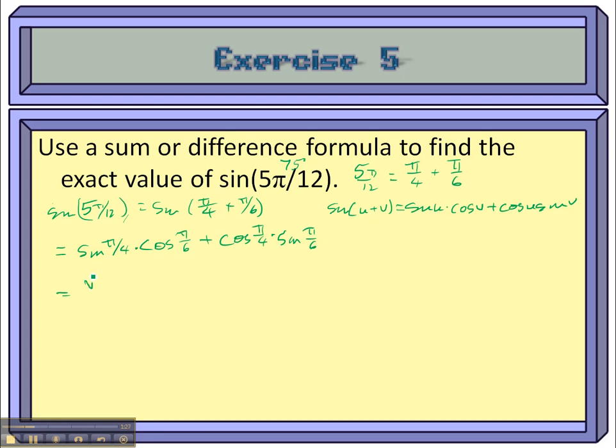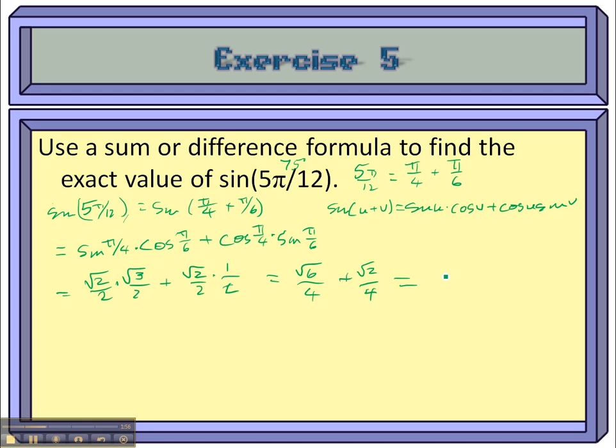Sine pi over 4 is root 2 over 2, cosine pi over 6 is root 3 over 2, as we've seen a whole bunch, plus cosine pi over 4, root 2 over 2, and sine pi over 6 is good old 1/2, which simplifies to root 6 over 4 plus root 2 over 4.